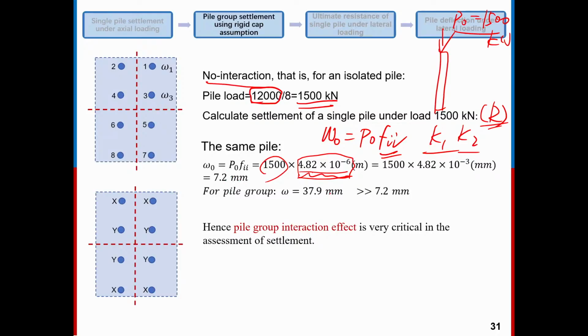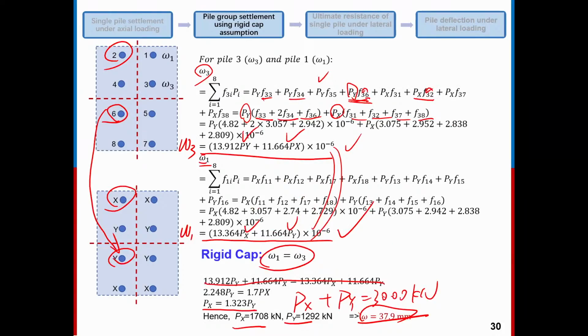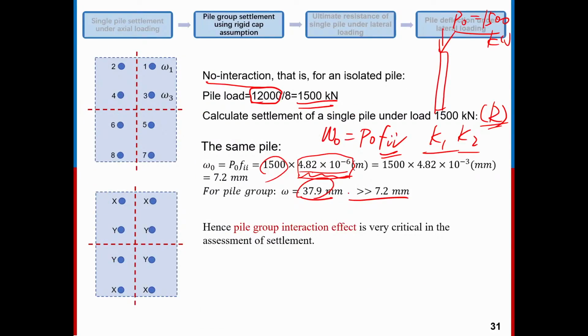It is much smaller than the pile group settlement, which we just calculated here, 37.9 millimeter. That is much larger than the single pile condition, right? Because this settlement for a single pile doesn't account for the influence from other piles.